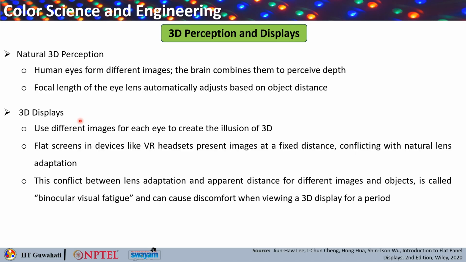Okay. So, the flat screens in devices like virtual reality headsets present images at a fixed distance, conflicting with natural lens adaptation, right. So, here the distances are fixed, but this conflicts with the natural lens which tries to adjust with the distance.